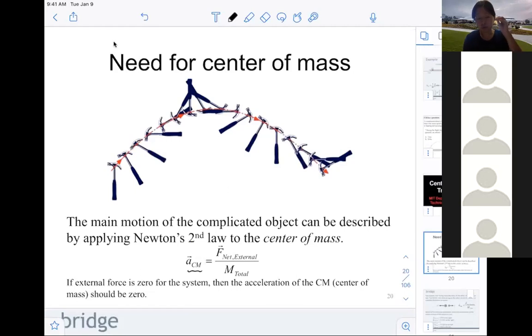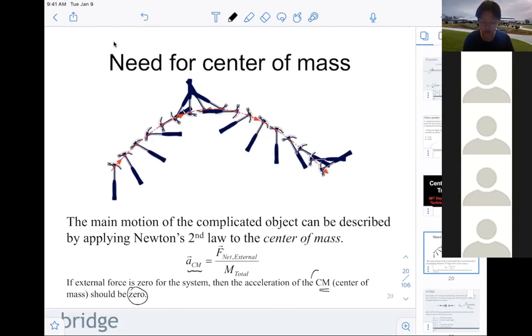So if you have one point, what would you do when you toss it? It's going to follow this parabolic trajectory. We have talked about this in 2D motion, and it still applies to the center of mass of the object. Now, if the external force is 0, then the acceleration of the center of mass is also 0.